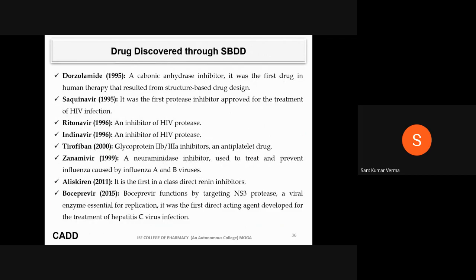Next one is tirofiban, which was discovered in the year 2000. Zanamivir, which was discovered in 1999, is a neuraminidase inhibitor. Aliskiren, which was discovered in 2011, was a renin inhibitor. Boceprevir, which was discovered in 2015, was against NS3 protease.